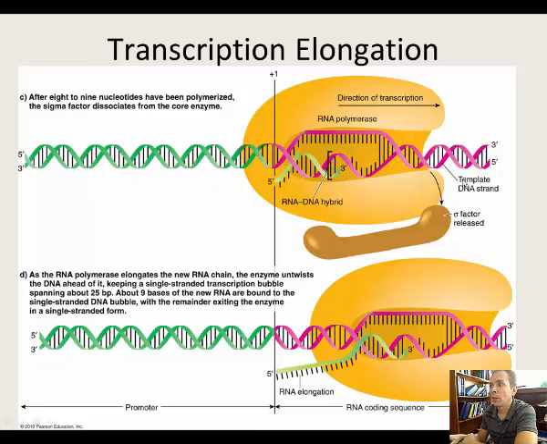The coding strand is the part on the top. The coding strand has the same sequence of bases as the RNA, except that we switch U's for T's. Elongation continues, as shown down here at the bottom, and the RNA gets longer and longer.